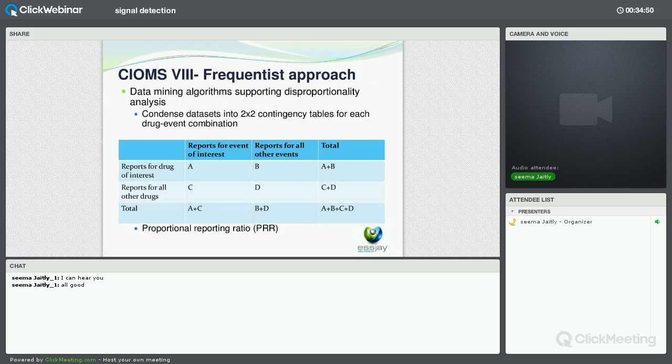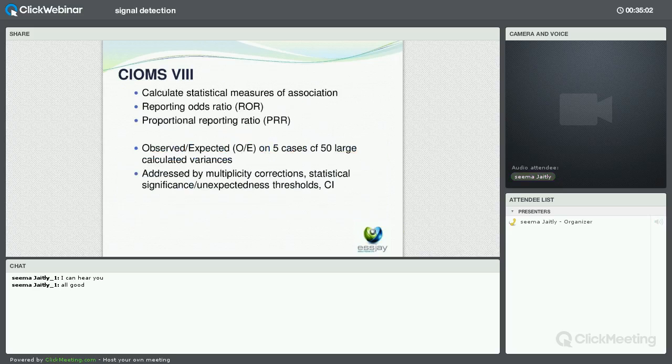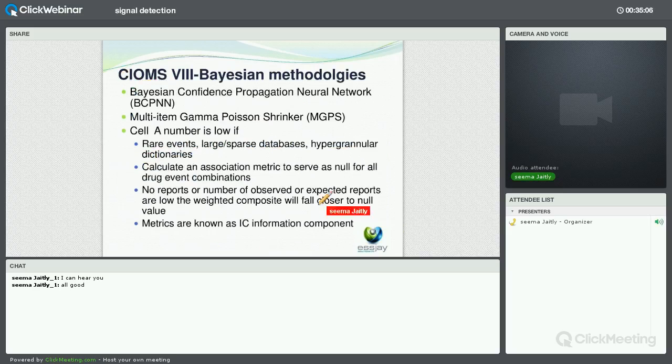This just shows you the PRR. This is where you look at a table, looking at what you've got for your drug, looking at other drugs, looking at other events, and then you can get a proportional reporting ratio. And then looking at your Bayesian methods, they're detailed here as well.